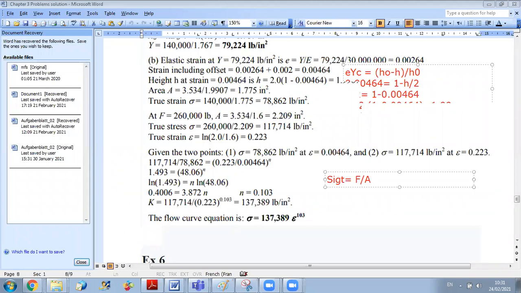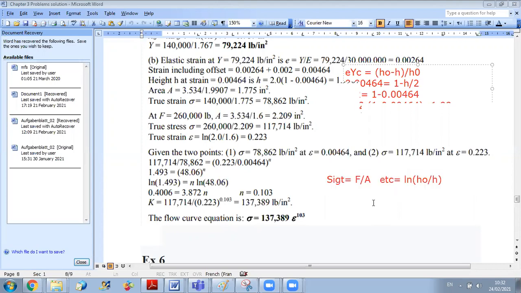And to get epsilon true, they also use the definition. What is epsilon true? Epsilon true in compression is ln of h0 over h. So they got the value of h, and for example, once you calculated epsilon engineering, you were able to calculate h, and once you have h, you can calculate epsilon true. Of course, here they did a long method.